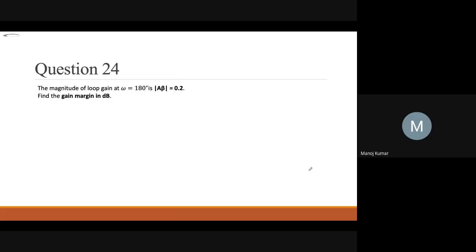Manoj, 13.98 dB, can you explain how you have calculated? Ma'am, gain margin is equal to 20 log of 1 by mod of A beta. Yes, the gain margin equals 20 log base 10 of 1 by mod of A beta.